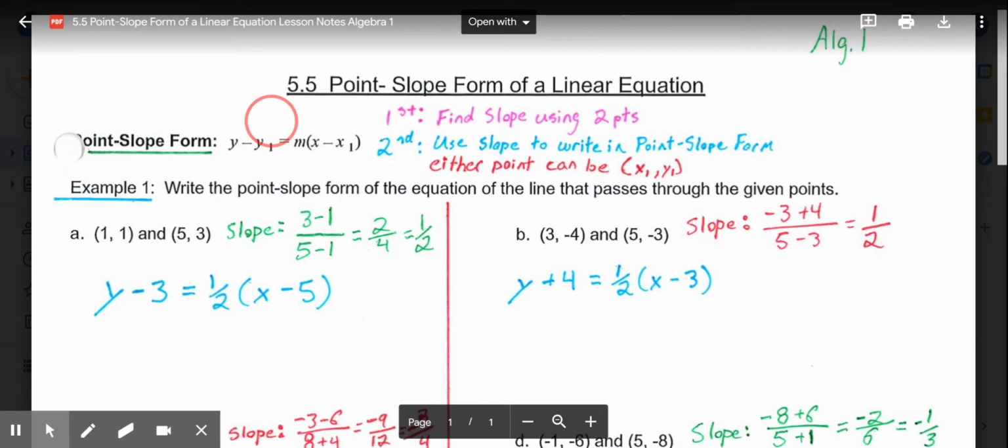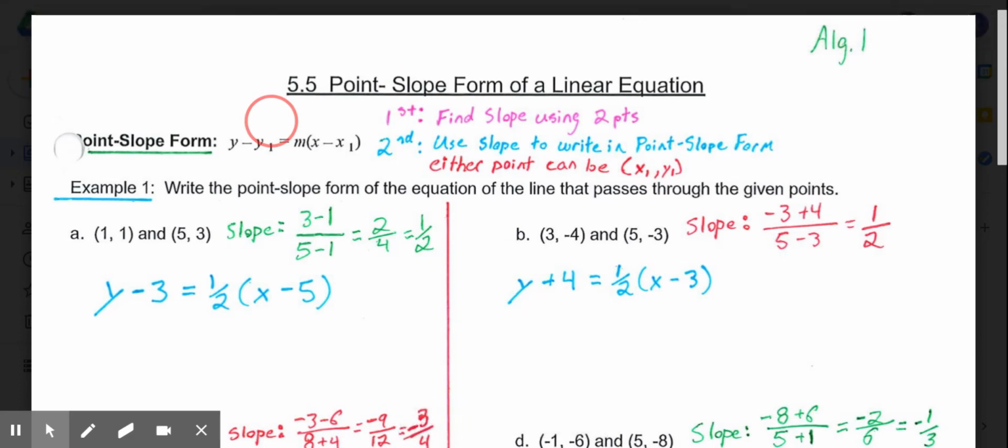So our formula, or our equation, I should say, for point slope form is y minus y sub 1 equals m, which m is still our slope, and then in parentheses multiplied by x minus x sub 1. Now, finding slope or m is still the same process.